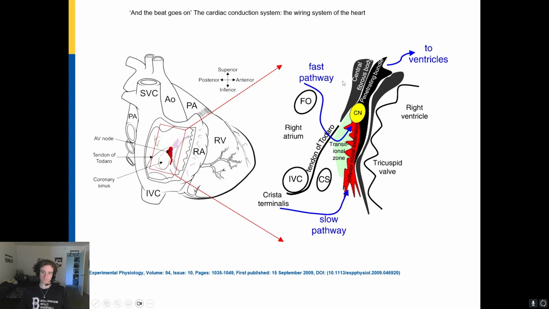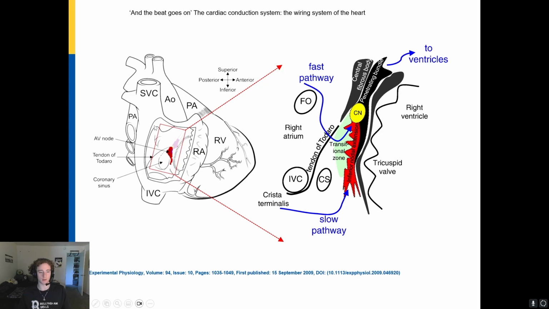And then this would be essentially for the fast and slow pathway. We would see the fast pathway coming from here to here, right? And then we would have the slow pathway going from here and then looping down like that, around the coronary sinus. The slow and fast pathways are just the directions that they go.